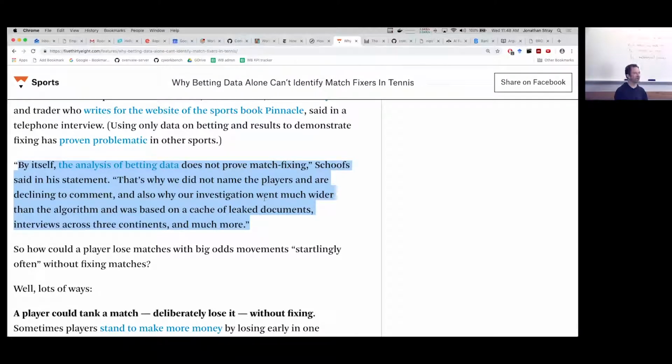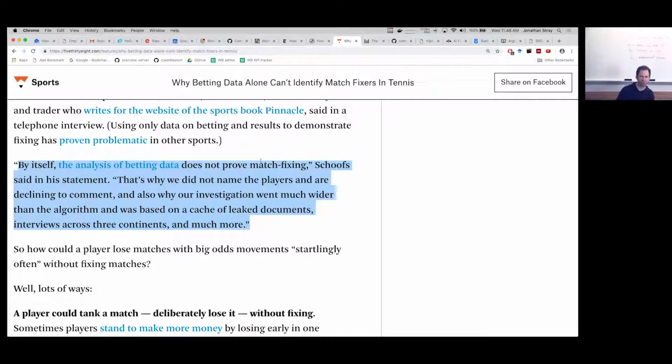But they said, okay, but we also had this whole other investigation, right? The statistical analysis was only one part of the investigation. And they also noted that 6 of the, I think, 14 players they found were also under investigation. So there's some reason to believe that the analysis was effective in finding the people, although, again, you have the same problem. It's hard to make the argument that any particular player is cheating based on this.